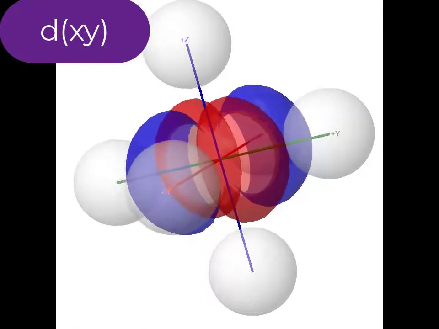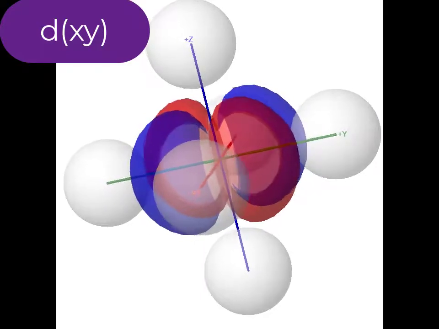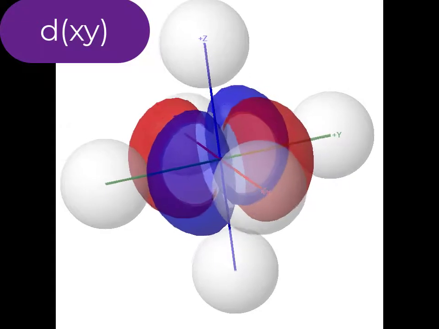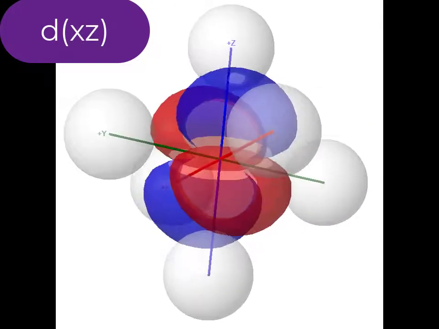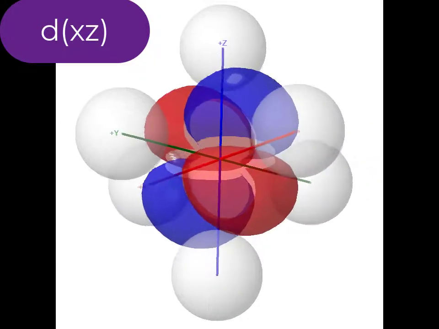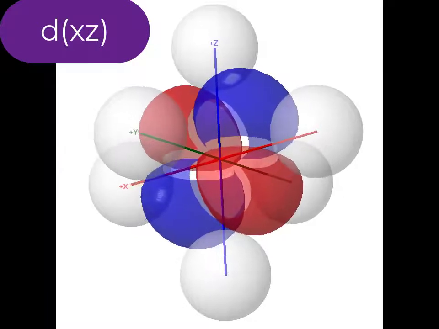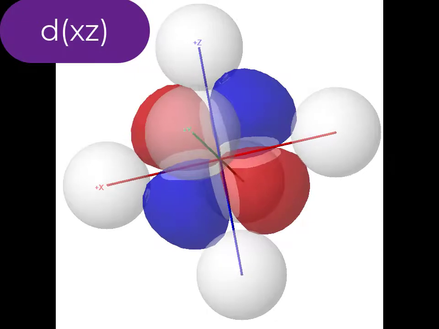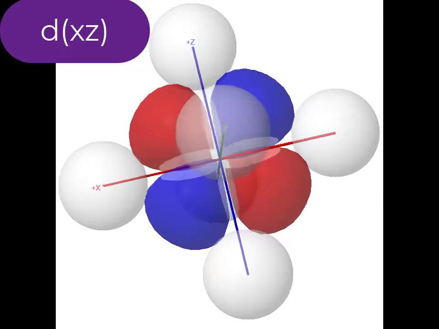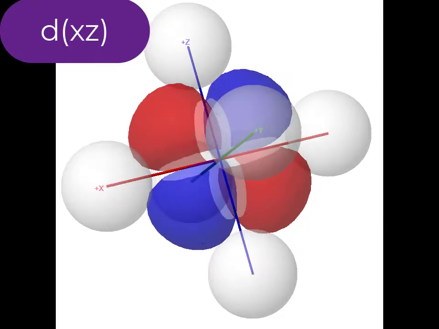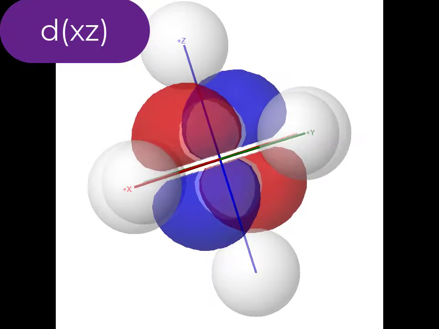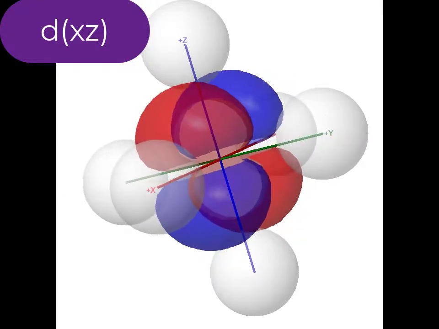Because of this, we would assume there to be no productive orbital overlap, meaning there's not a spot where our s-shaped orbitals can directly interact with any of our d orbitals. So we would imagine that these would essentially be non-bonding interactions, right? There's no way that we can mix the dxy, the dxz, or the dyz orbitals with any of our ligands.